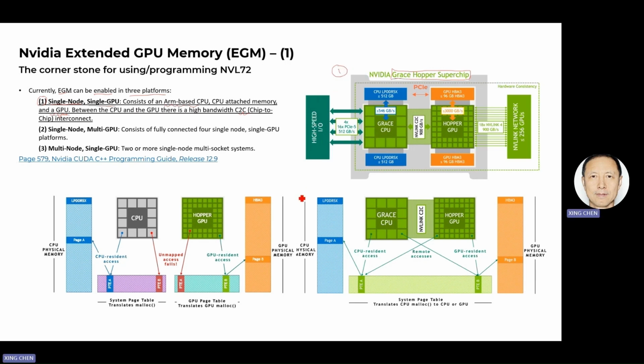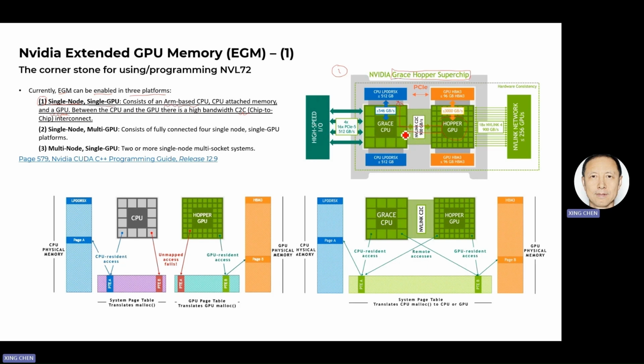And the type 1 system here means that the extended GPU memory lets this Hopper GPU access its own memory, and it can also access the CPU's memory by going through this C2C NVLink.